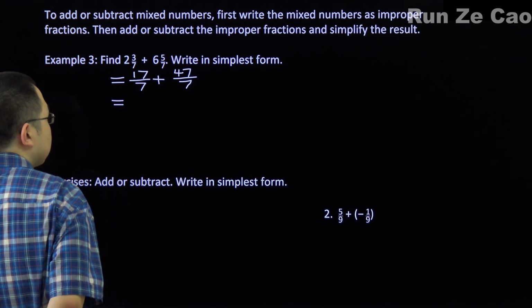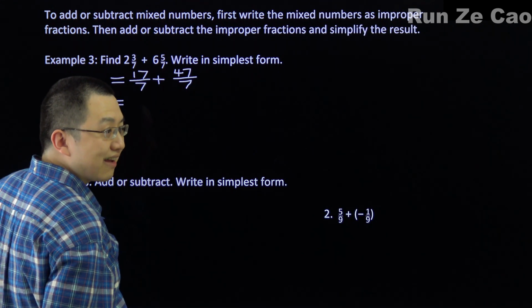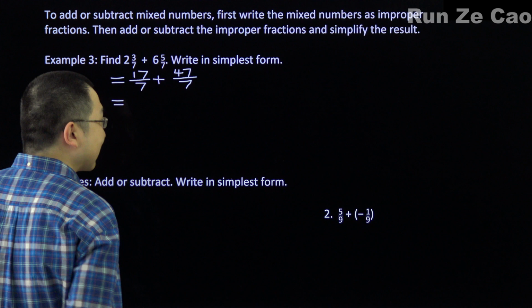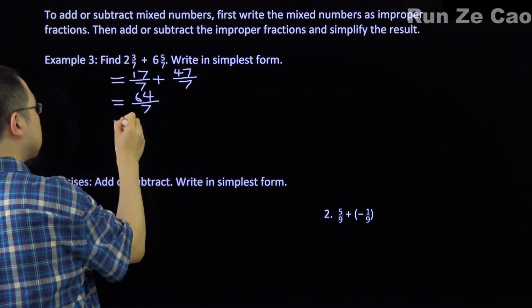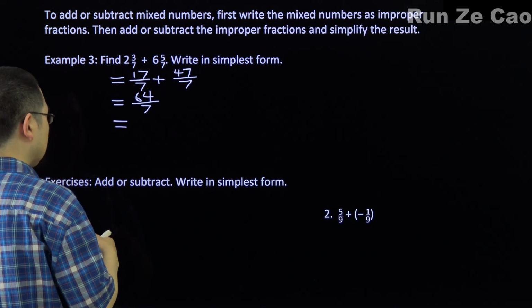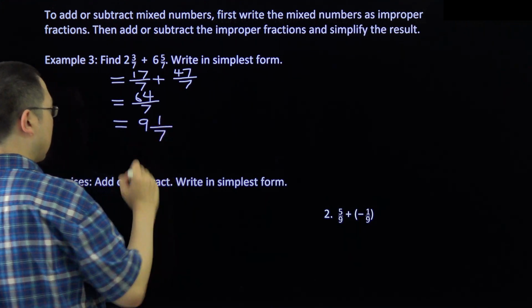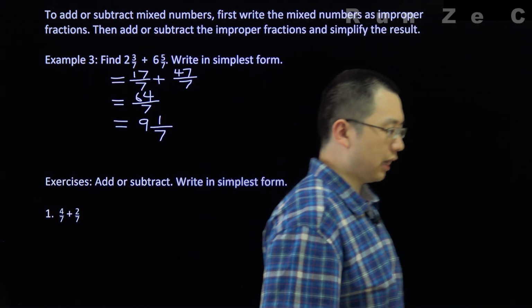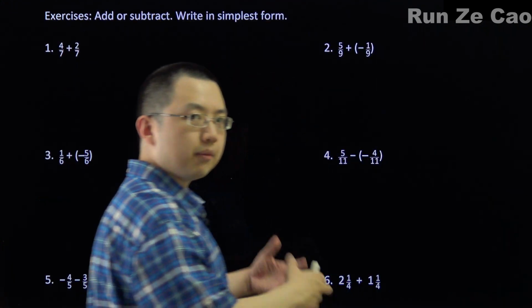That's what? 13 plus 4 plus 47. 13 plus 47 is 60. So, 64 over 7, which is equal to 7 times 9 is 63. So, 9 and 1/7.